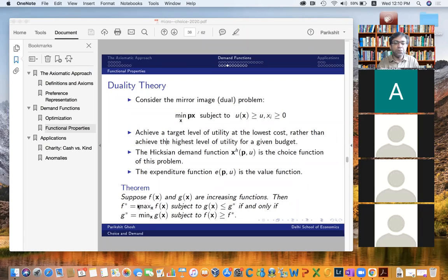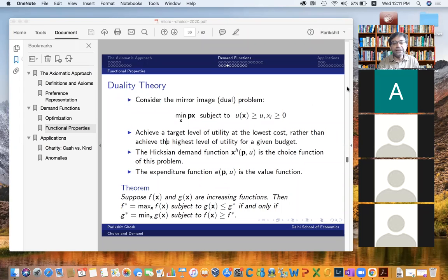And once we do the optimization, suppose we get the number f star. If you look at the dual problem, which is minimize gx subject to fx not being less than f star, the answer we'll get is g star, that value which we used in the constraint of the other problem. Yes. So this is our general duality result.